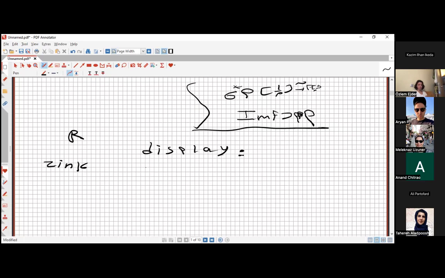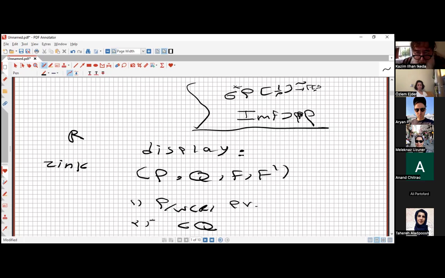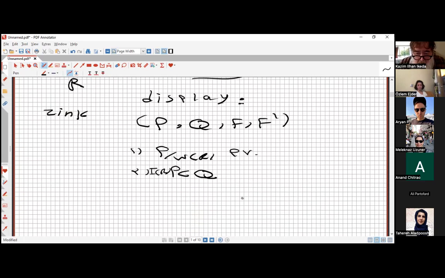A display is a quadruple (P, Q, F, F1), such that P is a projective module over W(R). Q is a submodule such that Q contains I_R P, where I_R is the Witt vector Verschiebung ideal.